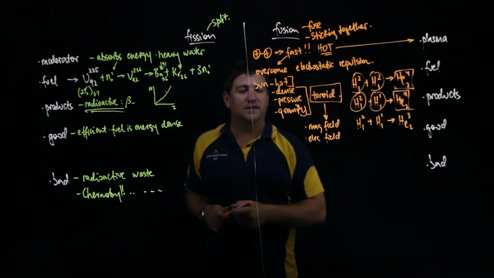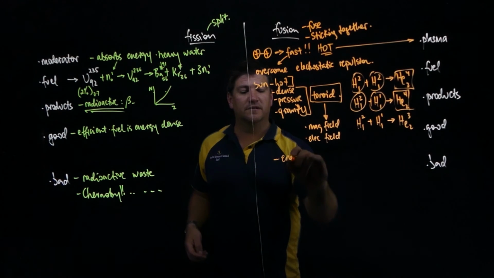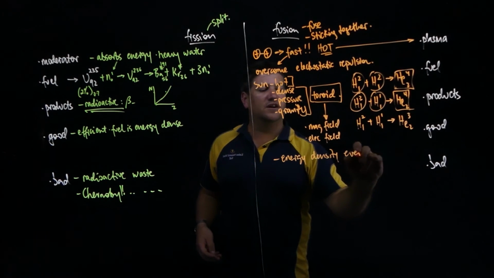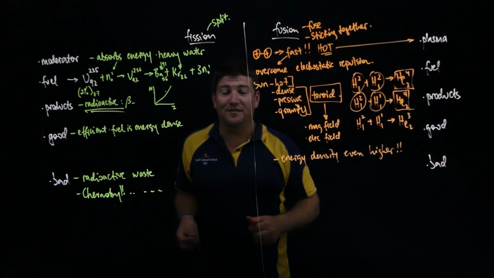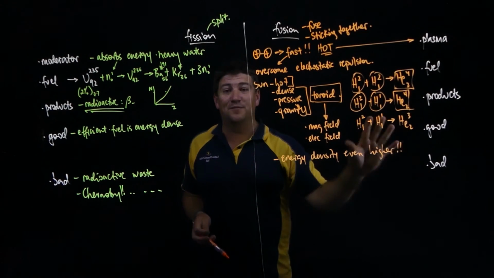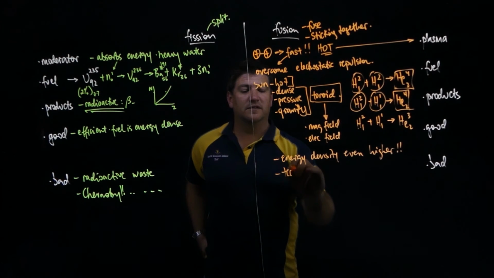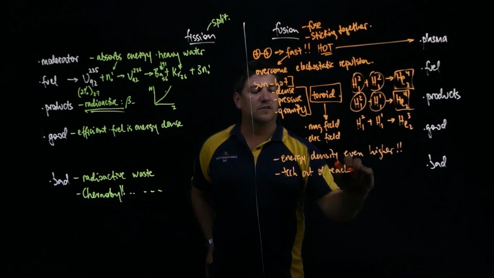The good thing about it is the energy density is even higher, which is quite staggering. So per nucleon, this has way more energy than this one over here. But the bad one is the tech is out of reach at the moment.